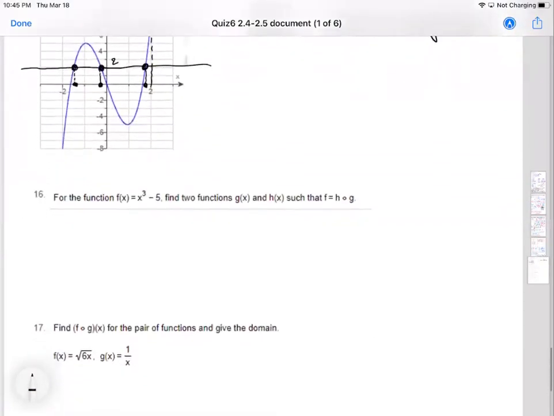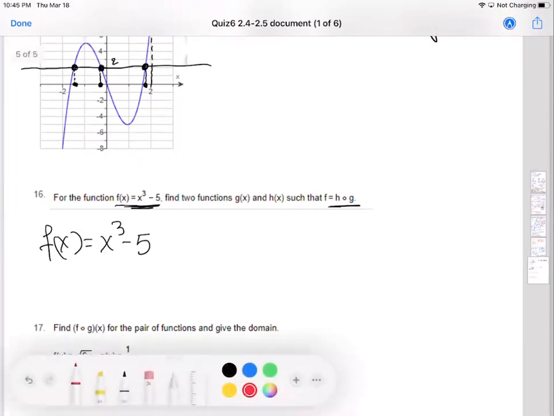Number 16. For the function f of x equals x to the third minus 5, find two functions g of x and h of x such that f is h composed with g. Okay, so let's write this a little bigger. f of x equals x to the third minus 5. Well, I have a third power there, so one of the functions is going to be to the third.